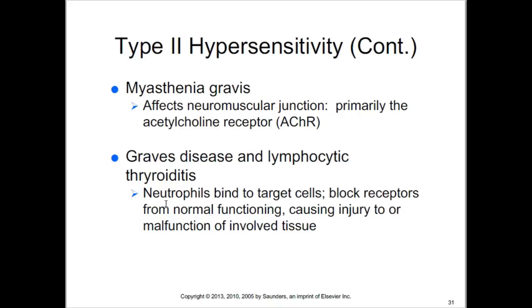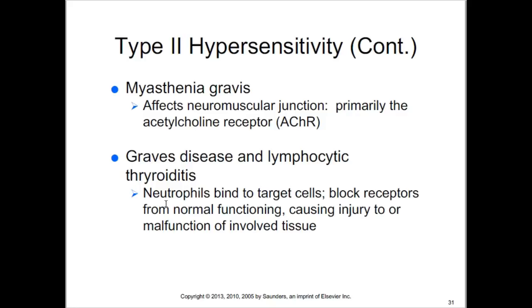All right, type 2 hypersensitivity is also seen in myasthenia gravis, where you see an antibody attacking the acetylcholine receptor, at the neuromuscular junction. Myasthenia gravis is quite serious because when you block the acetylcholine receptor at the neuromuscular junction, you're not going to get muscle contraction, because there's going to be no depolarization.